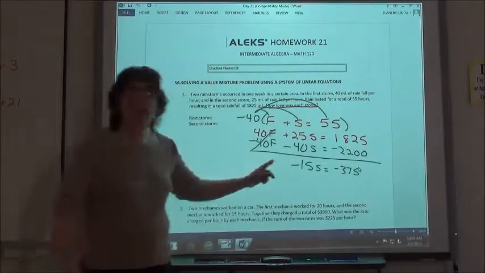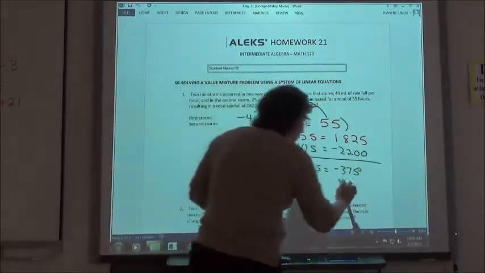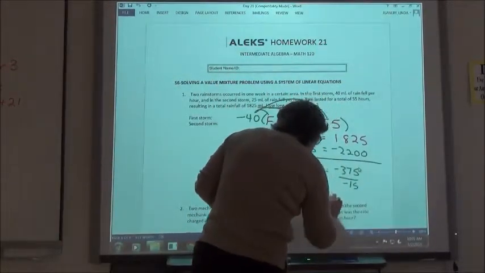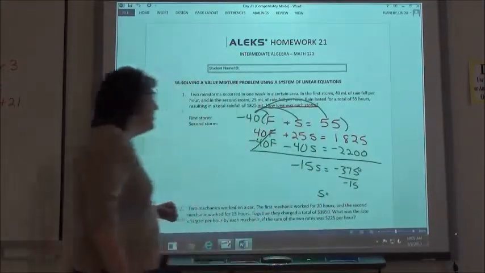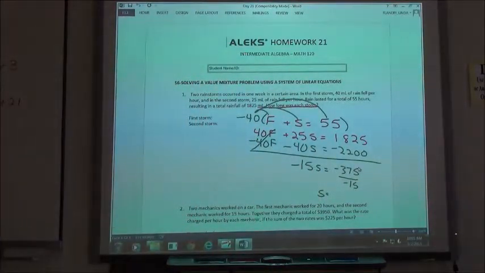And then in order to solve that, we're just going to divide. Here we have a negative divided by a negative, which is going to give us a positive answer. Negative 375 divided by negative 15 is 25.